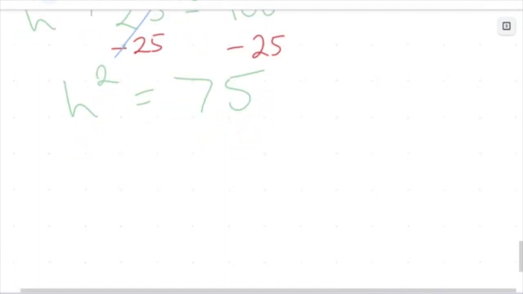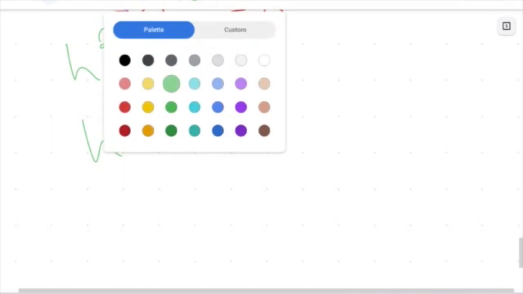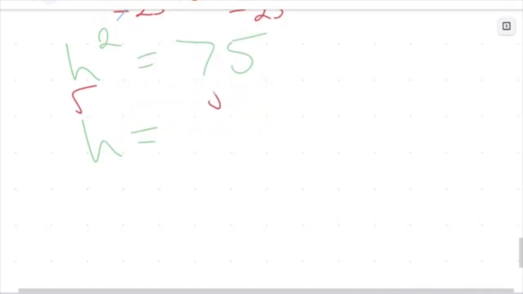So therefore, my h is going to be, I want to take the square root of both sides. The square root undoes my squaring of h to give me what h is, to give me the number that times by itself to give me h squared.